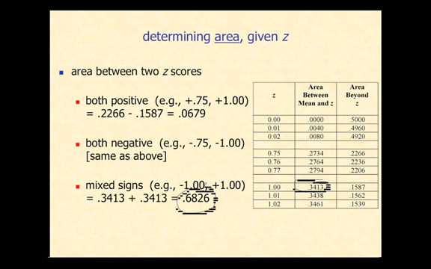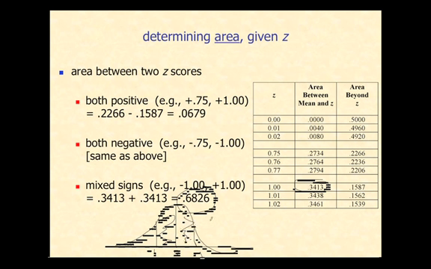And when we add those two together, we get 68.26% of the distribution. Again, just to sketch it quickly, we remember minus 1 and plus 1. So the area between the mean and z, here's our mean, 34.13% and 34.13%, and that's what we're doing to calculate this.